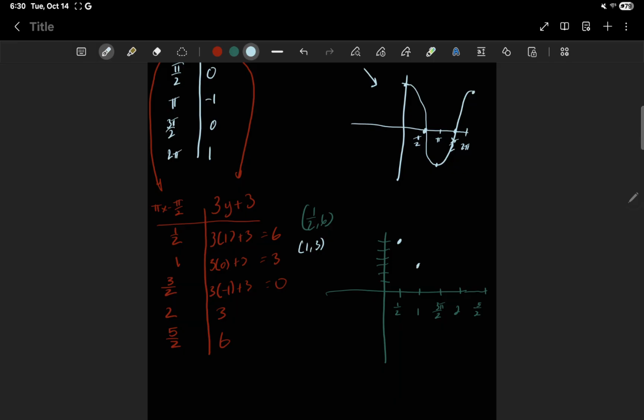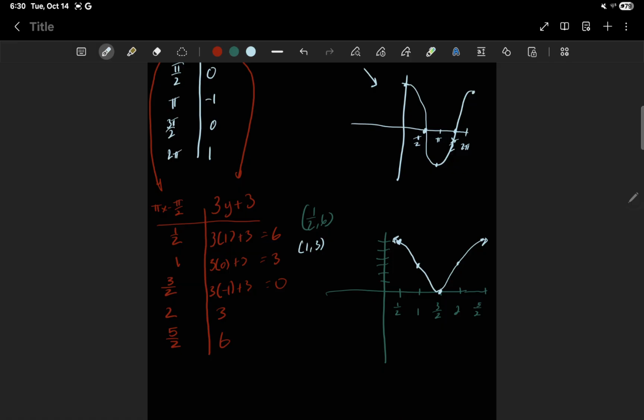The next is 3/2 comma 0, so at x equals 3/2, y equals 0, so it's an x-intercept. X equals 2, that's all the way here, y is equal to 3, so we'll go up here. And then at x equals 5/2, y is equal to 6, so we're going to be back at our maximum. And so this is kind of the way the graph looks. Cool.